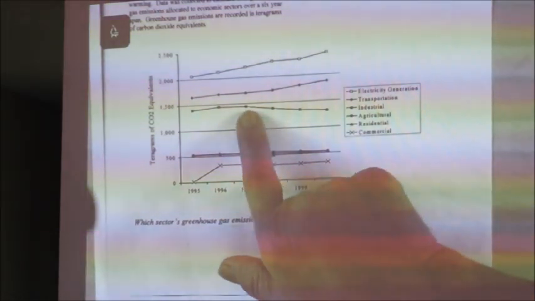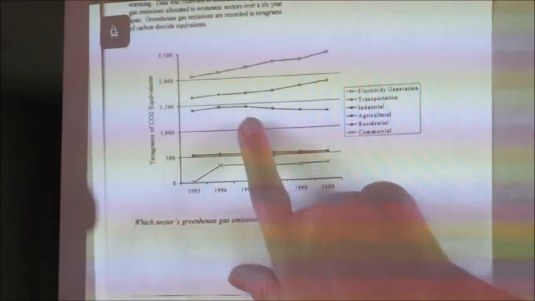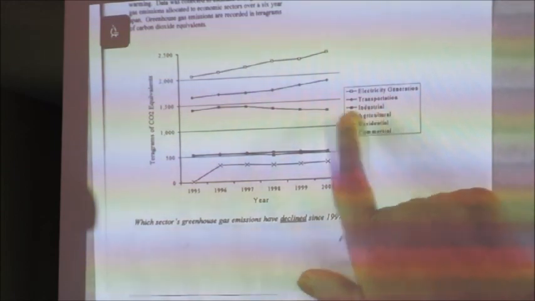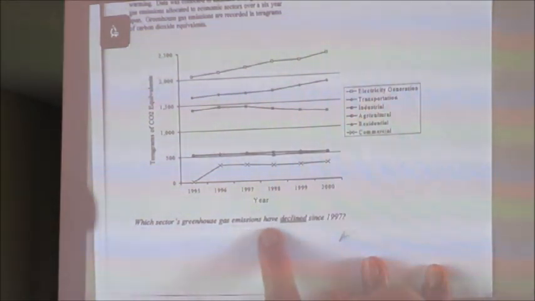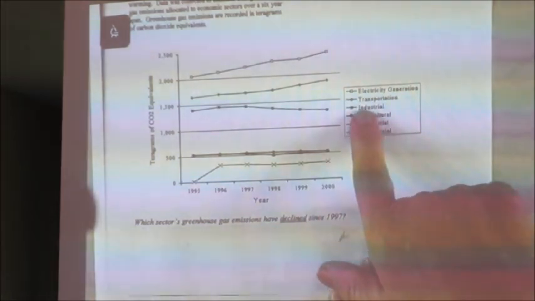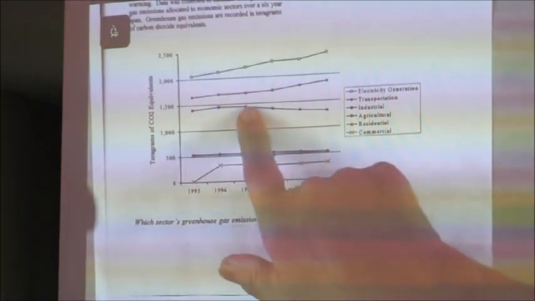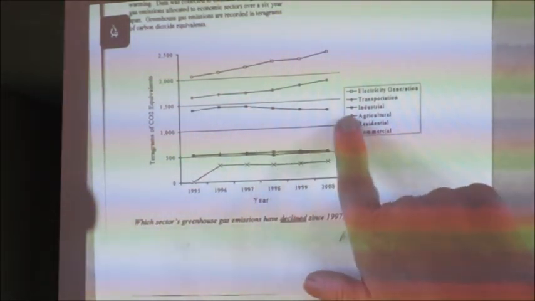The only one that has declined is this one, which is the industrial sector. So the answer to this question, which sectors' greenhouse emissions have declined since 1997, you look across and your industrial sector, the carbon dioxide emission has declined.